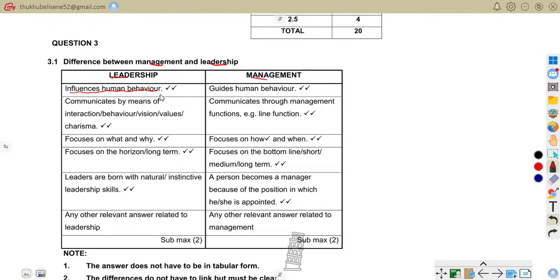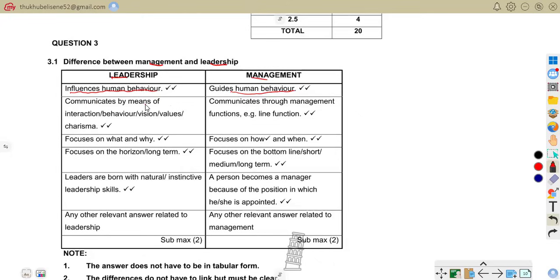The leader motivates staff to work hard. But management guides human behavior. Managers control and supervise work.